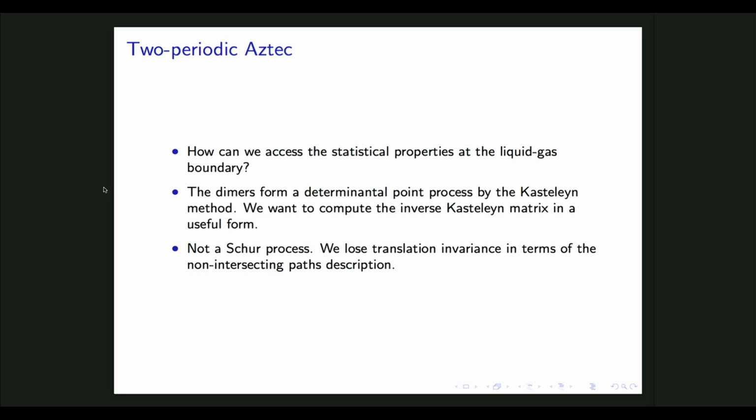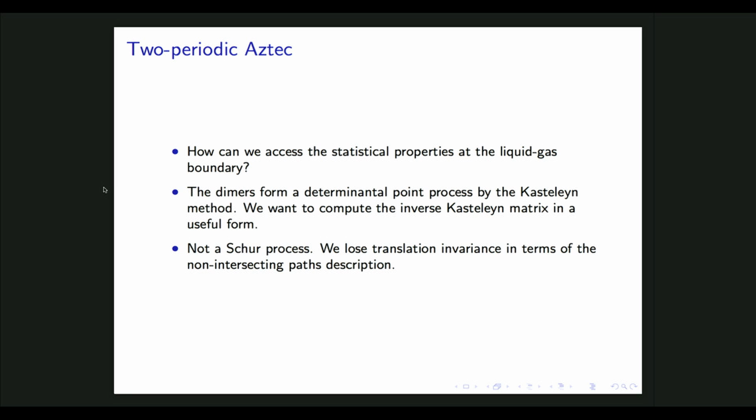So what we saw in the previous talk from this general Kasteleyn theory is that the diamonds always form a determinantal point process. So in some sense, I only have to compute the inverse Kasteleyn matrix and work with it. But this, of course, is not an obvious problem at all. How do you actually compute the inverse?